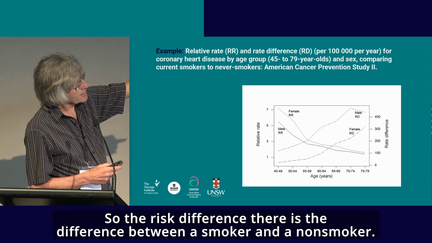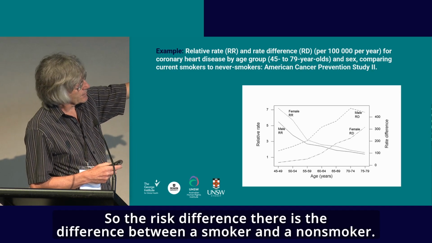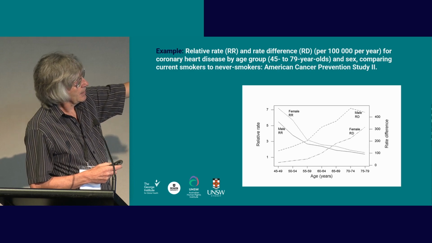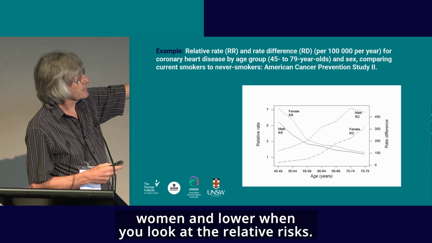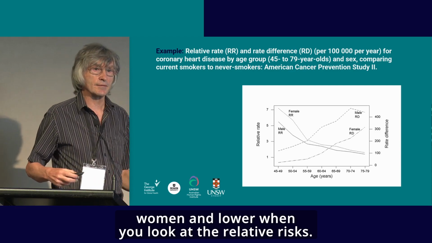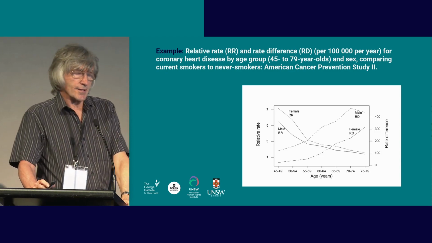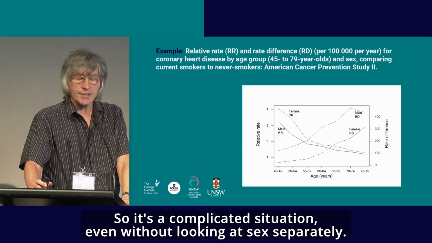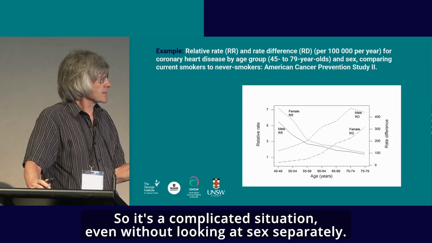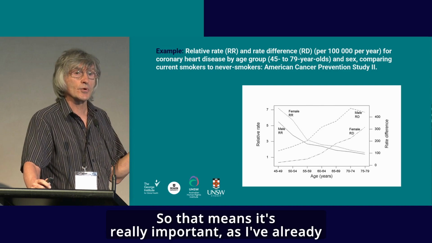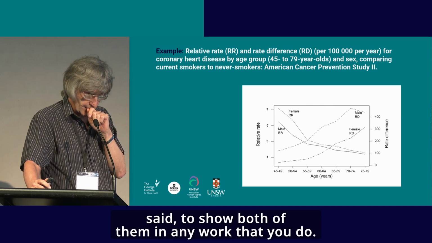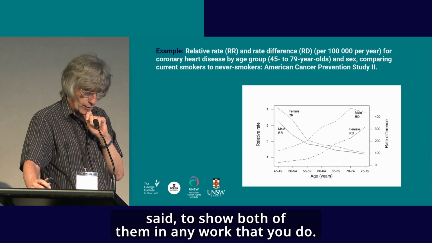So the risk difference there is the difference between a smoker and a non-smoker. That risk difference is higher for men than it is for women, and lower when you look at the relative risks. So it's a complicated situation, even without looking at sexes separately. So that means it's really important, as I've already said, to show both of them in any work that you do.